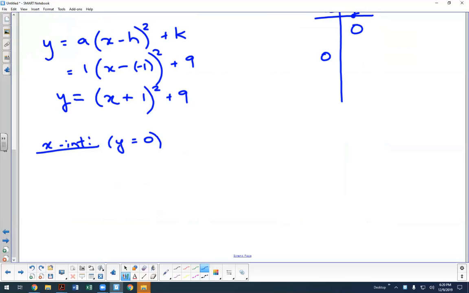If you make your y value 0, you basically end up with 0 equals, and what are we seeing for the x-intercept? Does anybody have an answer?